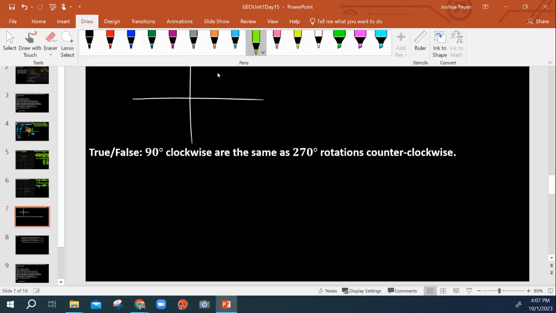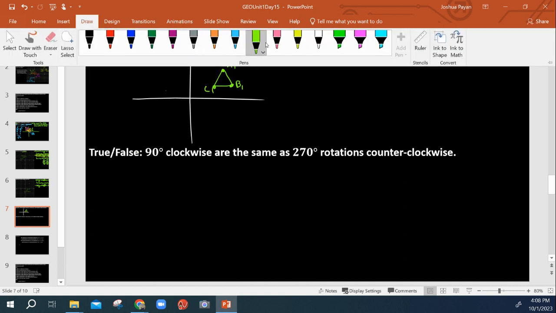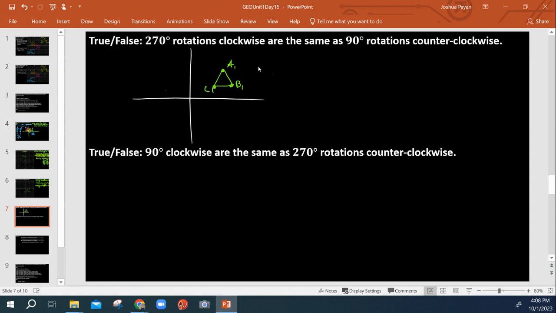So, to answer this, let's do a little experiment. So I've got my little triangle A1, B1, C1, and I'm going to do the hypothesis of this. So 270 degrees clockwise, right?